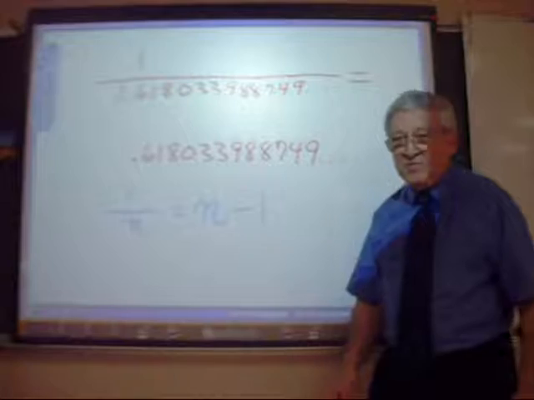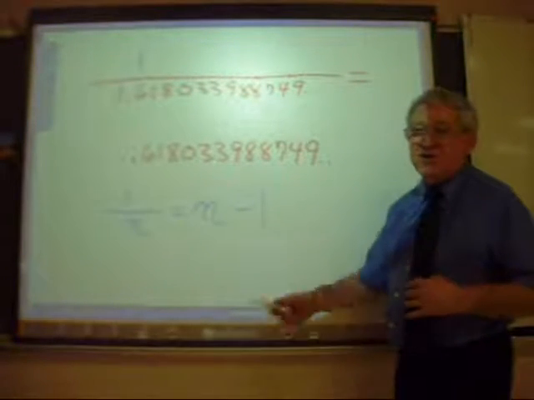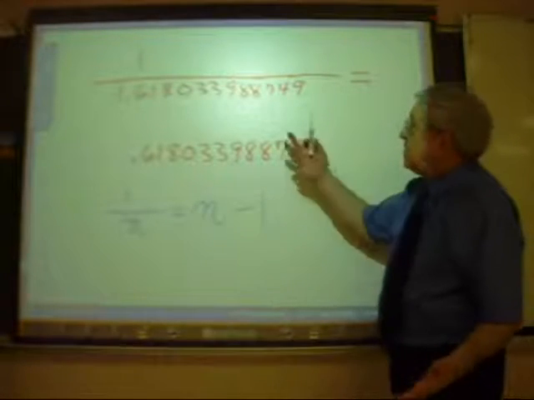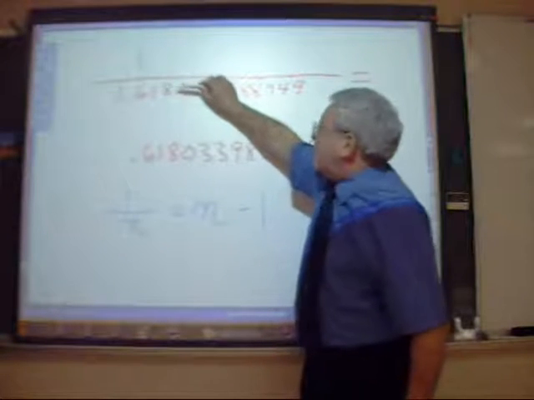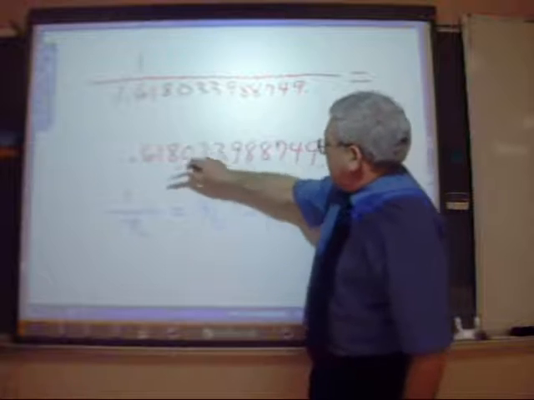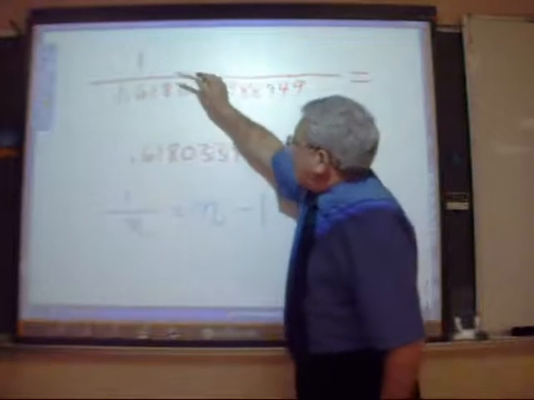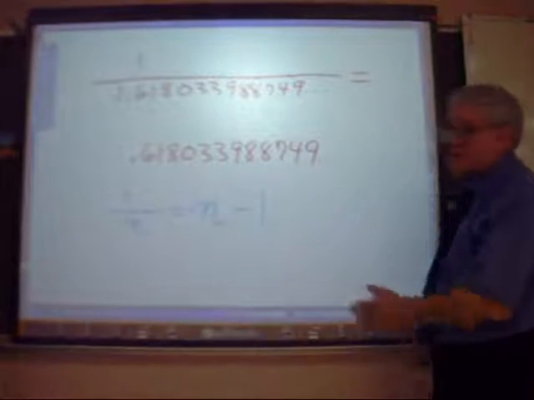Where n will be the same both places. If you solve this, this is equivalent to solving the quadratic equation that we just solved, and here's our answer. 1 over the golden ratio, 1.618, is equal to 0.618. 1.618 minus 1 is 0.618. So there's the solution to that.